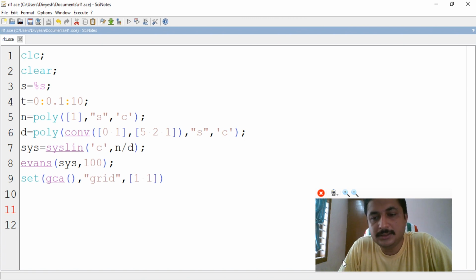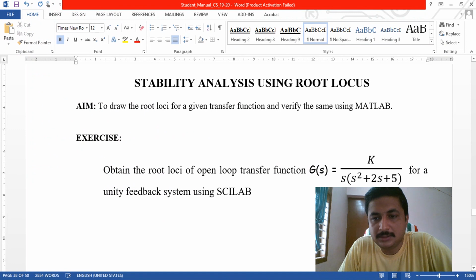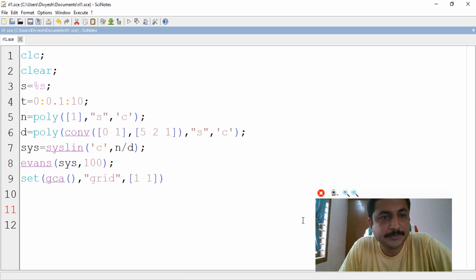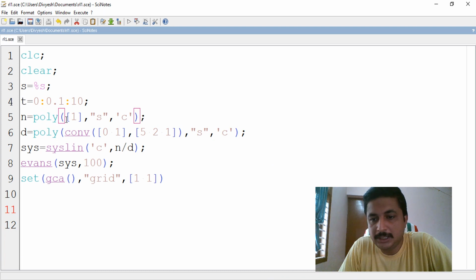So today mainly I will be concentrating on which function I should use to get root locus. For the given question, that is K divided by s into s square plus 2s plus 5, the polynomial is written like this. Numerator polynomial I am writing as 1.